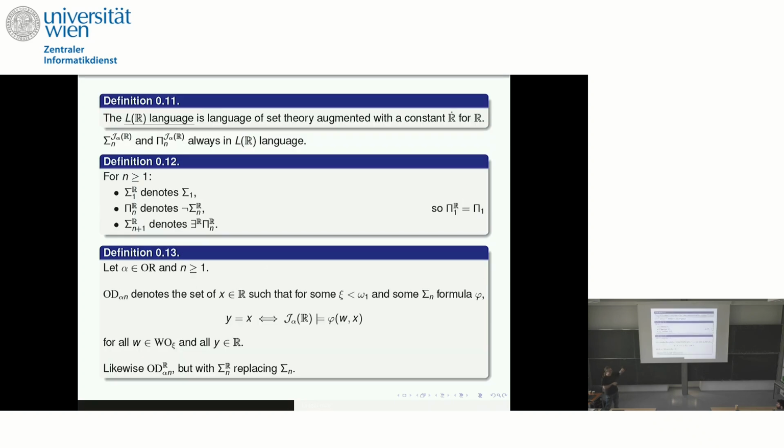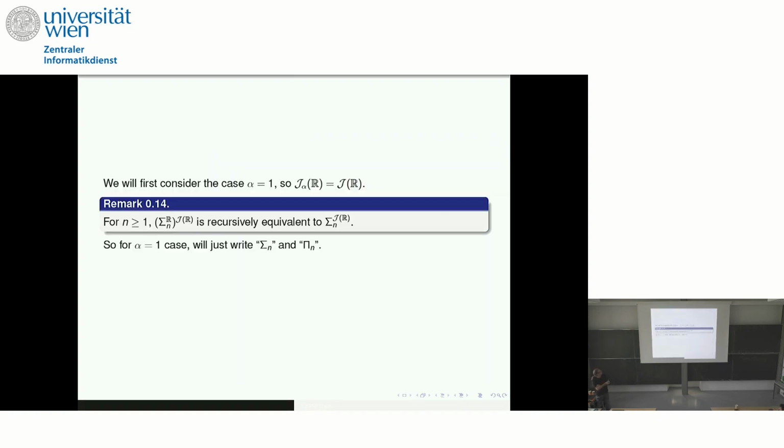If you look at the other version, sigma 1 over J alpha, it might not be the same as this. Here I'm doing the singleton version, right? This is always just the singleton. The other version is also interesting, but here we're talking about the singleton, as opposed to defining the real as a set of integers.